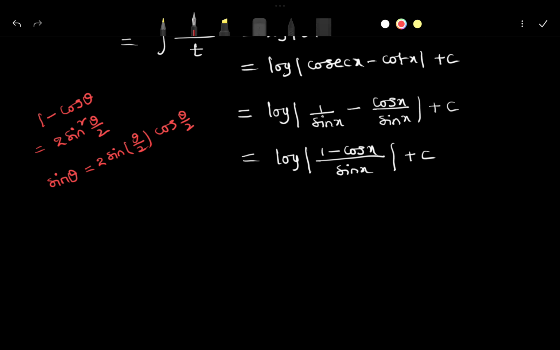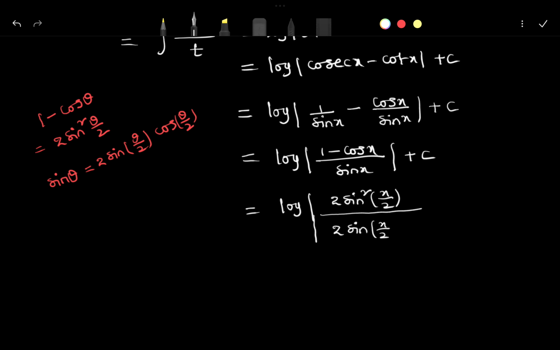So now by using this result, you can write this value as log of 2 into sin square of x by 2, whole divided by sin x, which is 2 into sin of x by 2 into cos of x by 2, plus c.